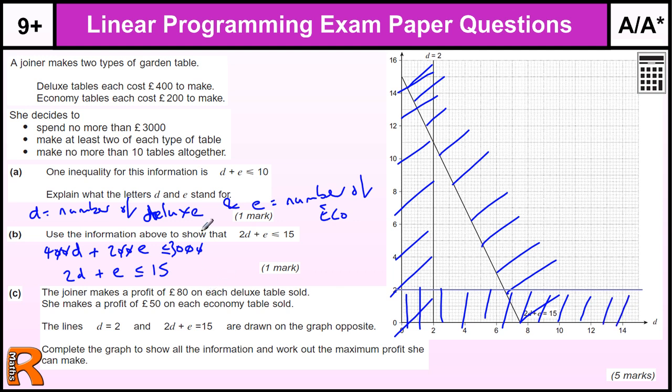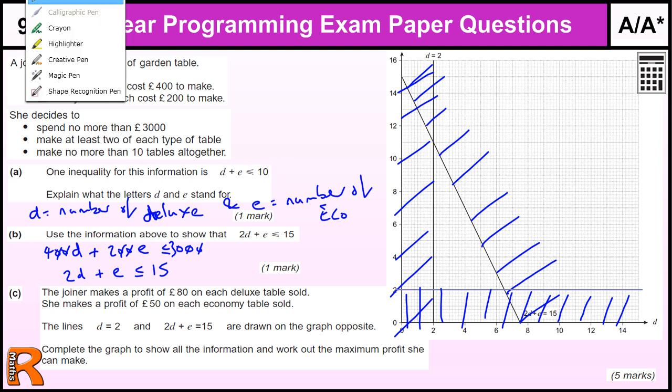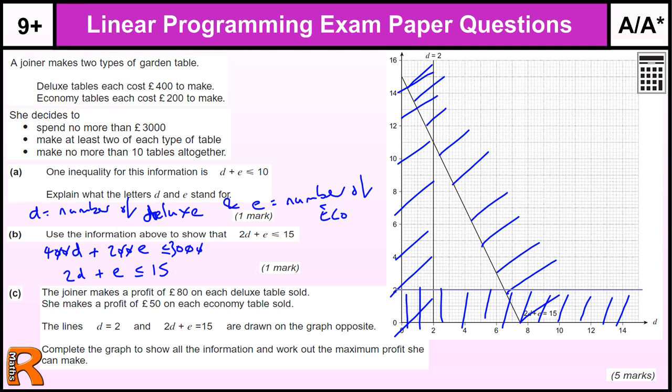And D plus E must be less than 10. So let's draw that line in. So D plus E equals 10. It's going to look like that. And we want it to be less than or equal to 10, so we'll cross that line out.